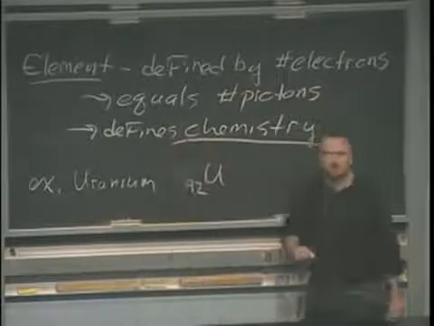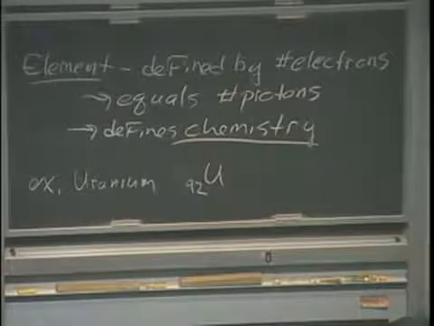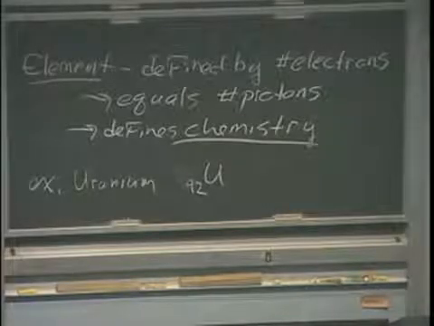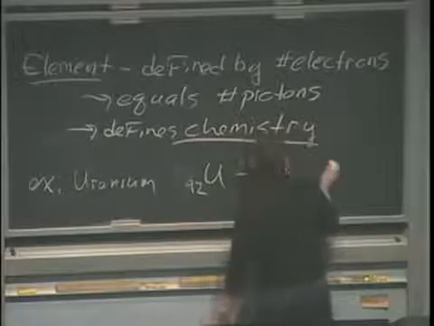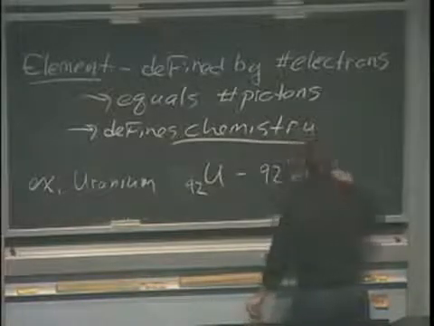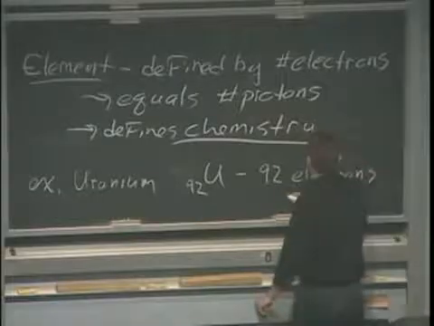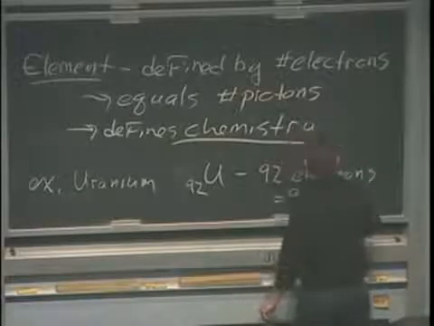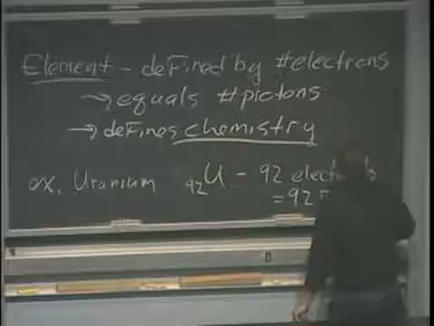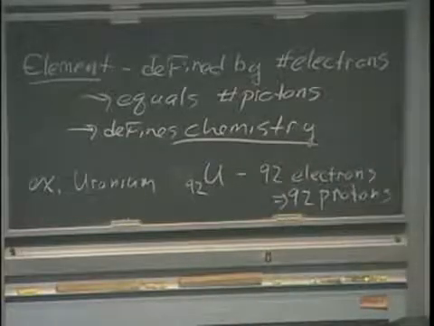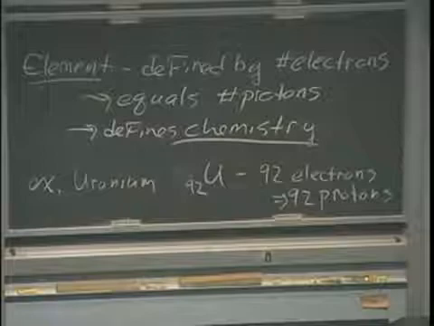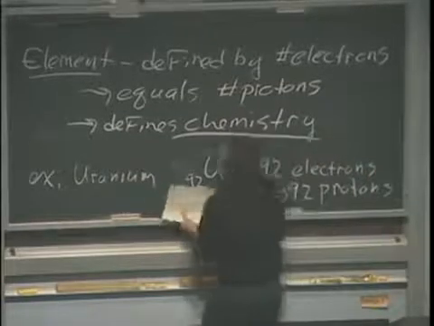That subscript is the number of protons that the uranium atom has. So uranium has 92 electrons, 92 protons, for an atom of uranium. Now we're going to differentiate that from an isotope.